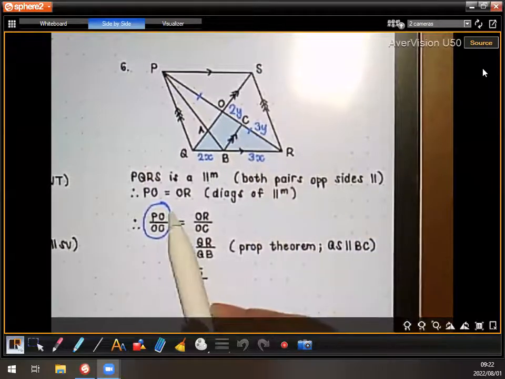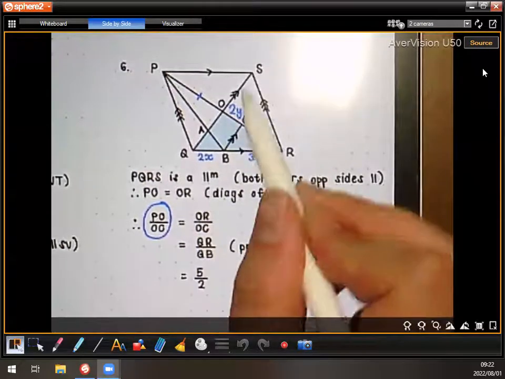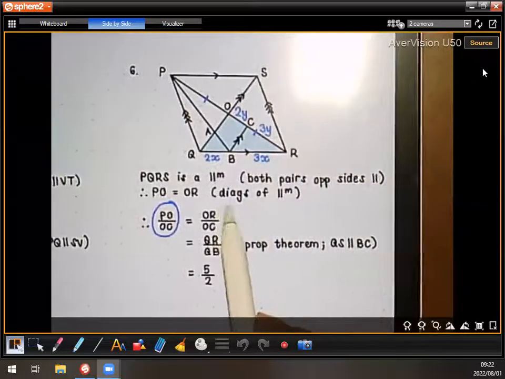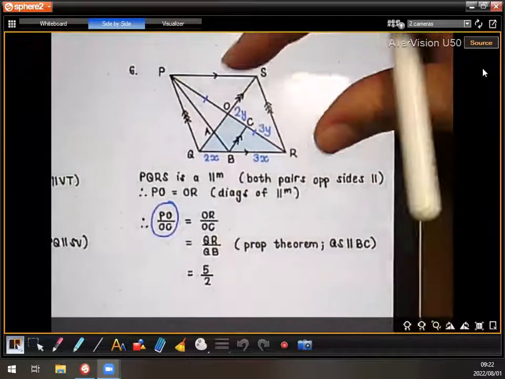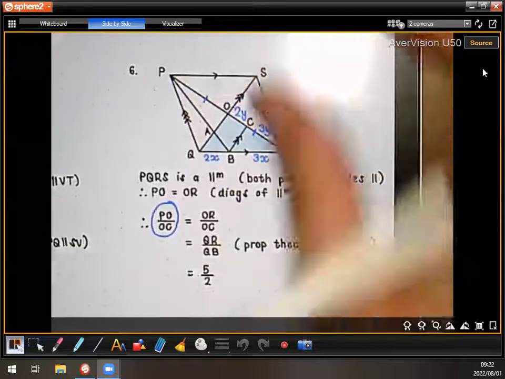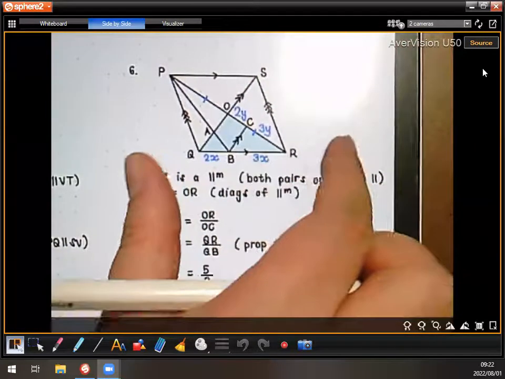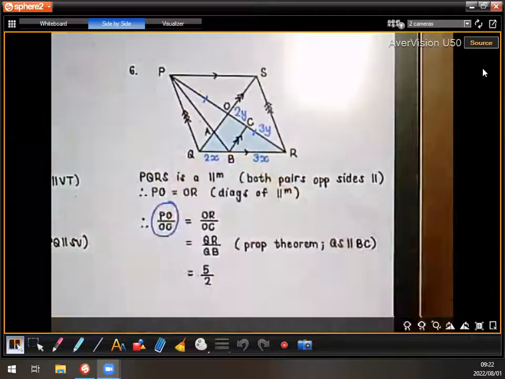All right, so again, I replaced PO with OR because they are equal because of the parallelogram. Then I used the theorem to say that OR, so the whole, over OC, that part, is that whole over that part. So 5 over 2, right? And that's actually what they asked me to prove, I think.